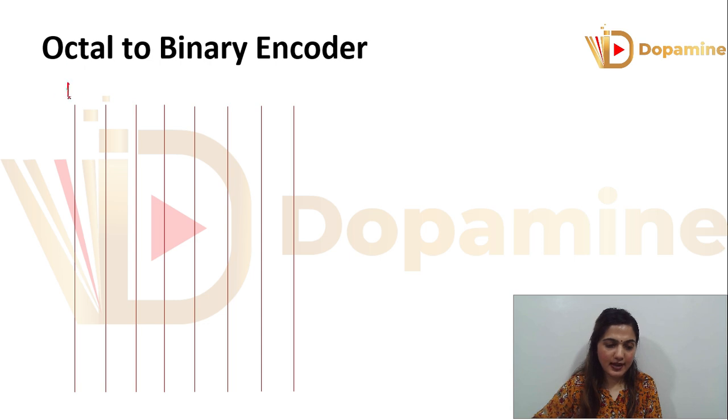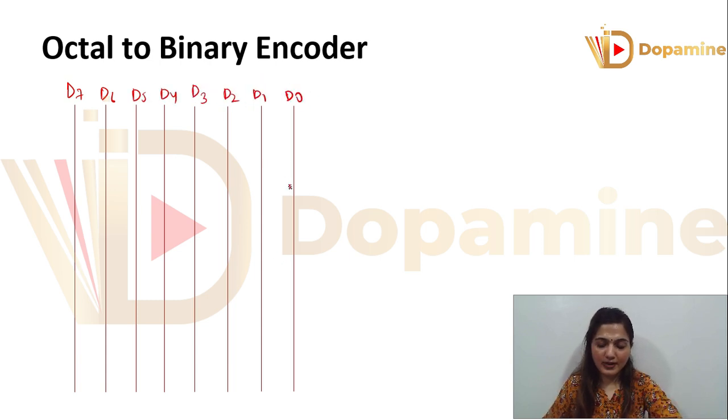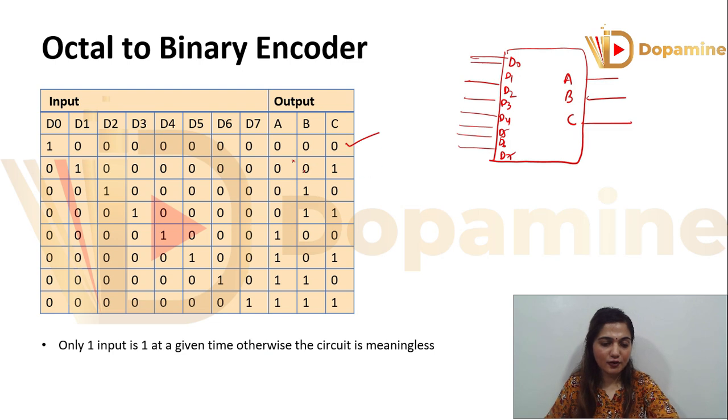So here I have the 7 inputs D7, D6 up to D0. Right, so now we have to make the line encoder. So for that I have to check the outputs. So you can see the output A is 1 when D4 is set, right? Then D5 is set, then D6 and D7.